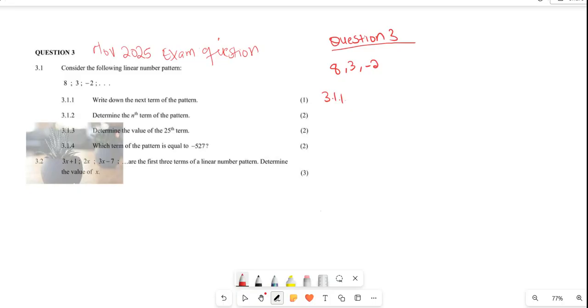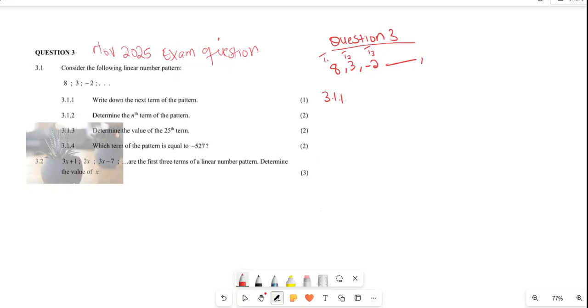So we're looking for term 4. This is T1, this is T2, this is T3. Now we need T4. And when we're looking for T4, one thing we need to do is to look for a constant difference.